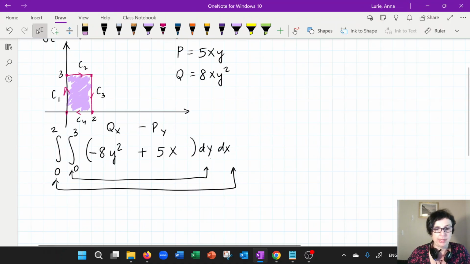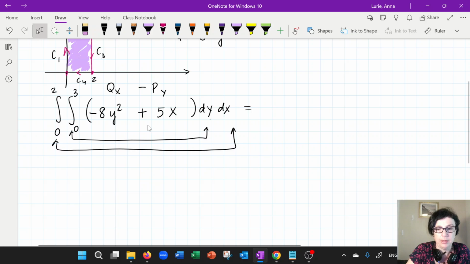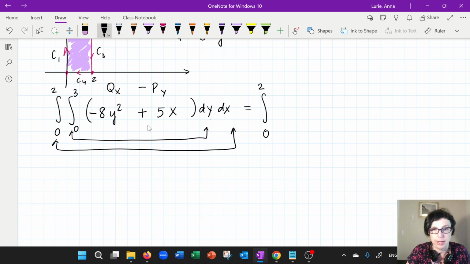Okay, now let's evaluate this integral. It's not hard. Very easy. This integral is not splittable because I've got a sum of two things here, one has y, one has x. So unfortunately, I can't do a shortcut here. I do have to integrate each part. So the first part, negative 8y squared with respect to y, will become negative 8 thirds y cubed. Plus, now the integral of 5x with respect to y.